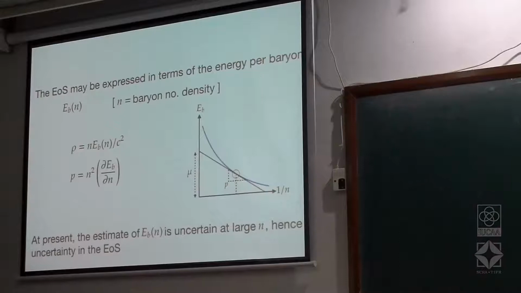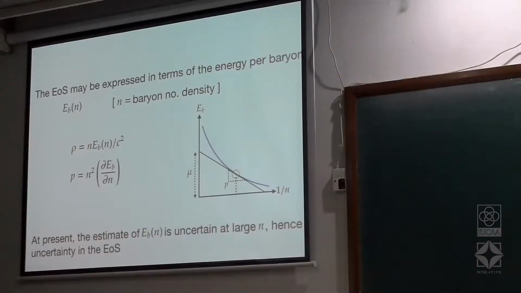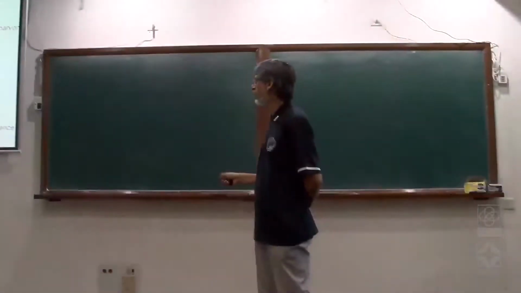So EB is negative because it's a binding energy it has been taken. No, it's not binding energy. It is not a bound system anymore. Binding energy is coming from gravity. It's a repulsive system. EB is positive here.